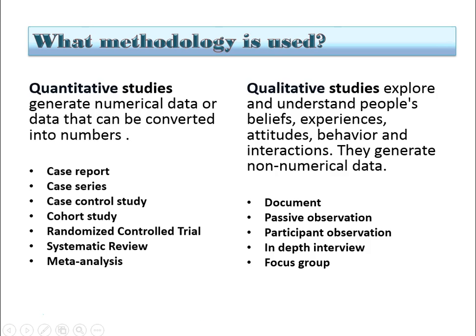So some things you might want to look at first is what type of study are you looking at? Is it a quantitative study or a qualitative study? Listed here are the different types of quantitative and qualitative studies, where quantitative looks at more numerical data. Qualitative looks at more observational or interview types of data, what people feel or observe.